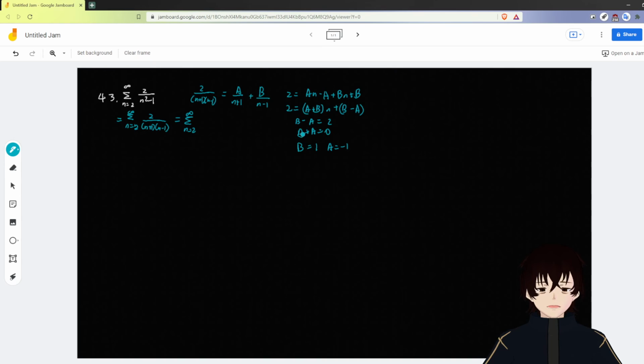Yeah? So this is equal to the sum of, let's do b first, 1 over n minus 1 minus 1 over n plus 1, which is equal to, let's start at n equals 2.